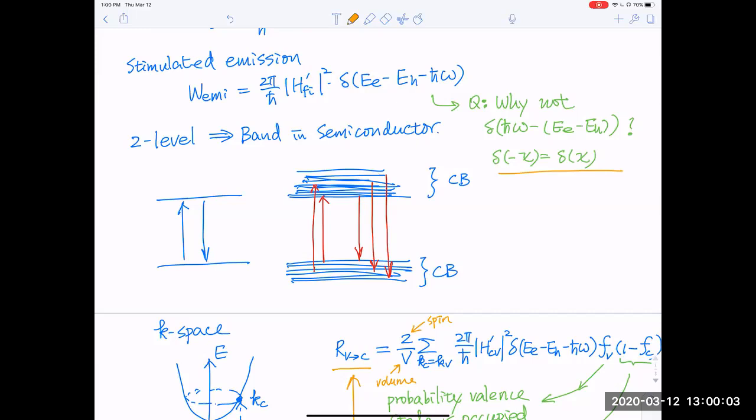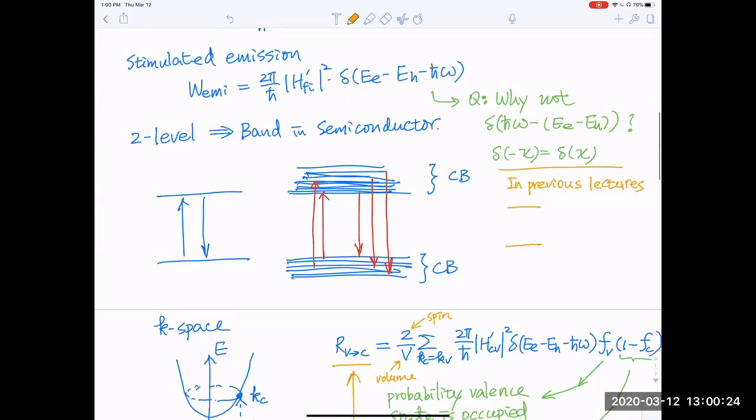Okay, so before, in previous lectures, when we discussed absorption, we have I, F, and it's like this.